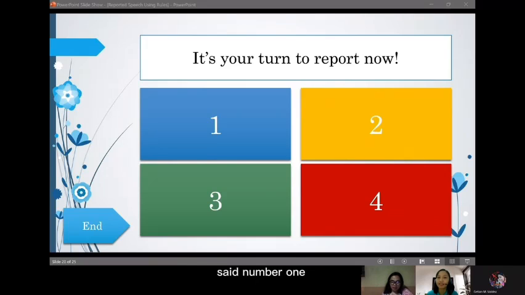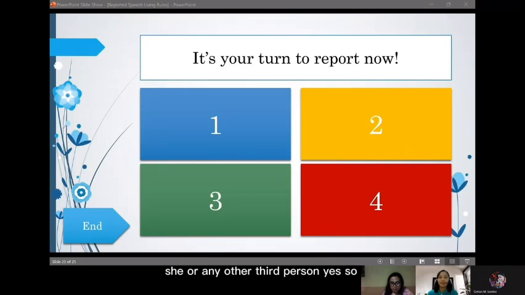That's number one. And then the second part po is the backshifting of tenses from present tense to past tense. Shall I proceed po? Yes, you may. And for the last part po is the changing of pronoun from the first person I to the third person he, she, or any other third person po.